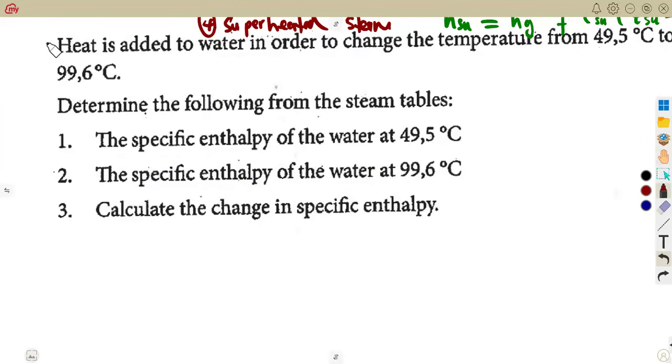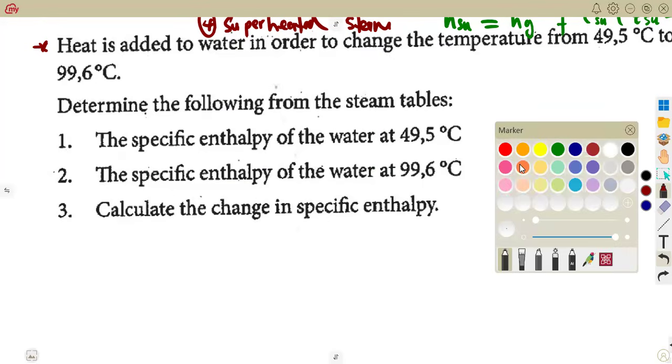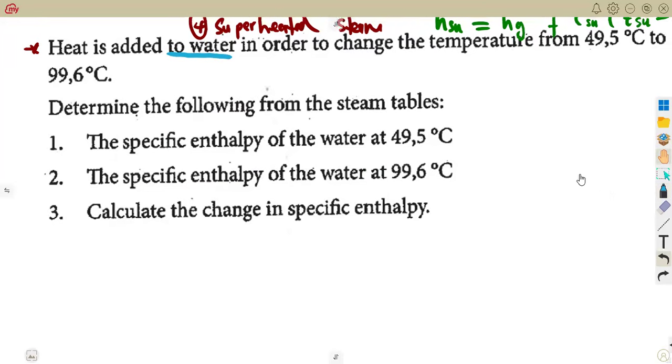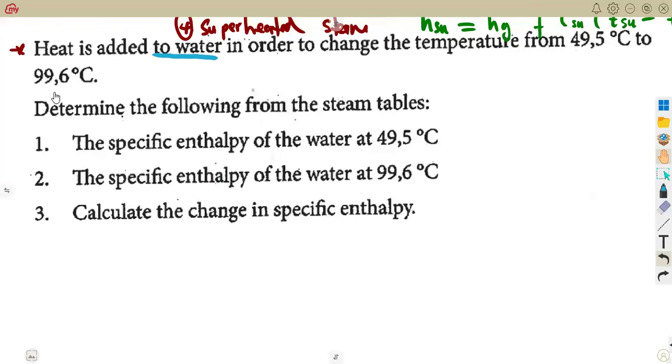The question that we are having, which is our first question, was: heat is added to water in order to change the temperature from 49.5 degrees Celsius to 99.6 degrees Celsius. Where is the heat added? The heat is added to water. It's still water, liquid, still as water.